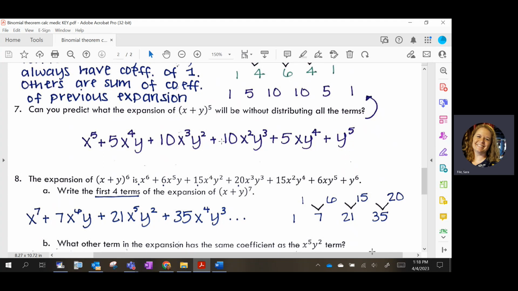So up here, these that are both 10, it's x cubed y squared and x squared y cubed. Or both that have a coefficient of 5, it's x to the 4th y or x y to the 4th. Do y'all see a relationship in those that have the same coefficients? So which other term would have the same coefficient as x to the 5th y squared?